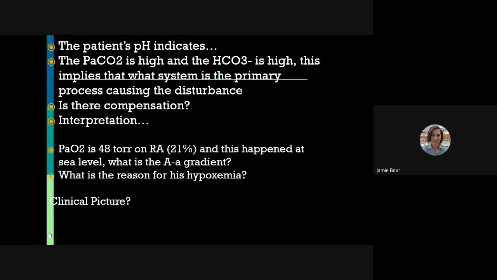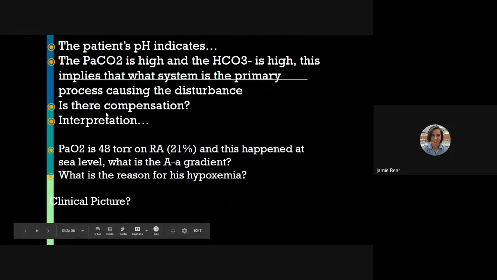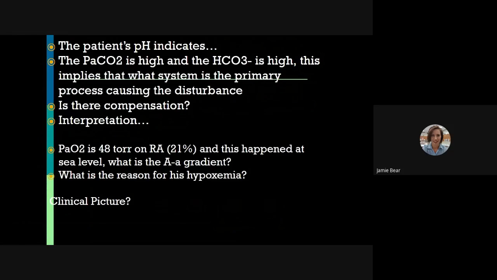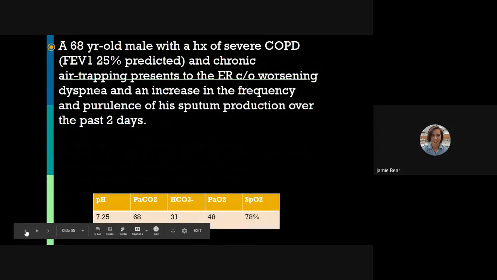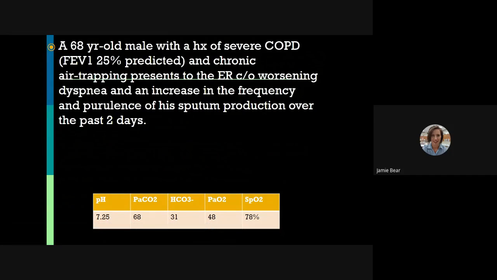So the PaO2 is 48 torr on room air, and this happened at sea level. What is his A-a gradient? So if we're looking at this gentleman at room air at sea level, we can use the A-a gradient equation.